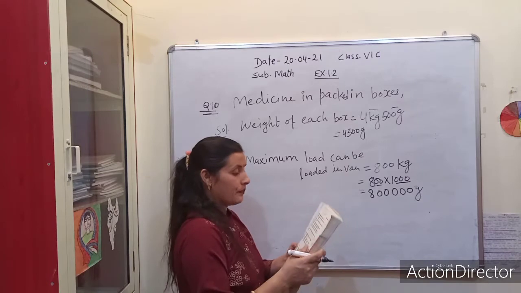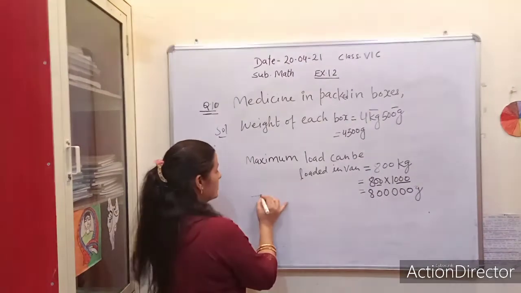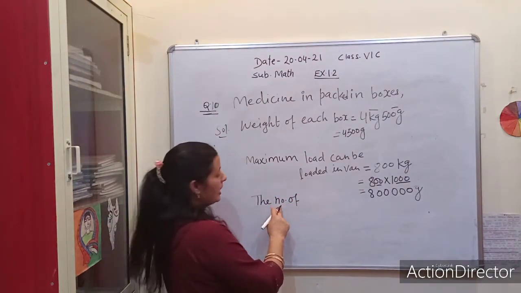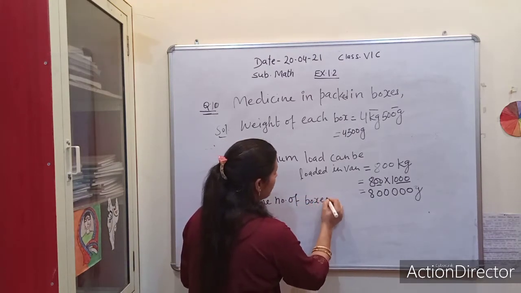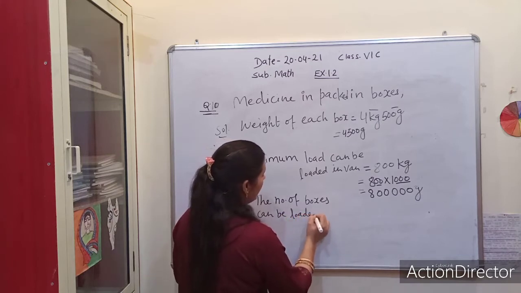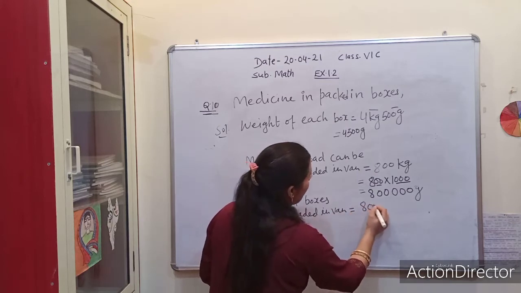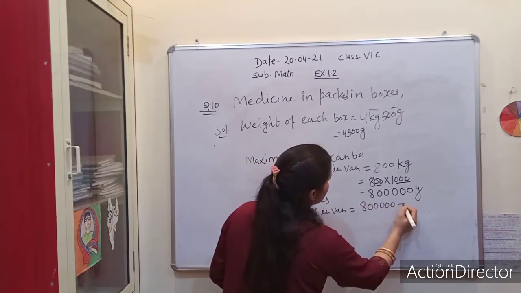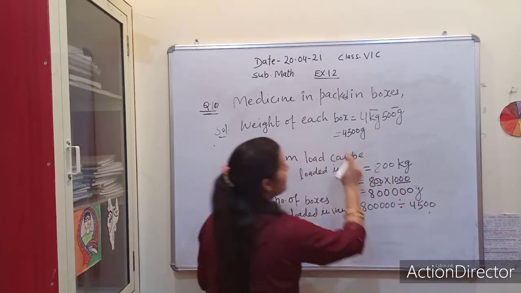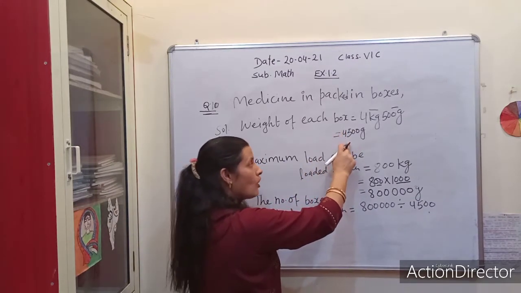Now it is asking how many such boxes can be loaded in the van. The number of boxes, I have written number in short. The number of boxes that can be loaded in the van will be 8 lakh divided by 4500, which is the weight of one box.